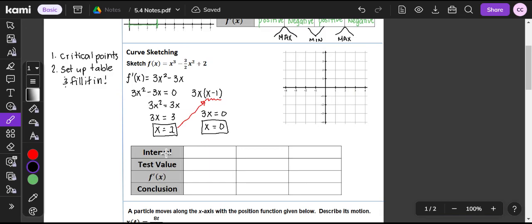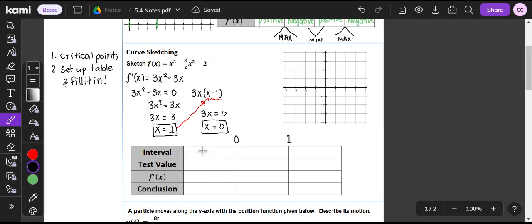Okay, so right here along this interval row, if we think of the critical points as being those locations where the derivative is 0, where we flatten out the curve, that means if I'm moving from left to right, I hit my first critical point there, and I hit my next one there. Then I'm going to create intervals in and around those points in order to gather some more information.